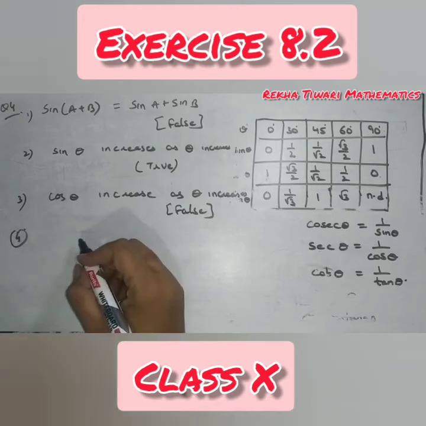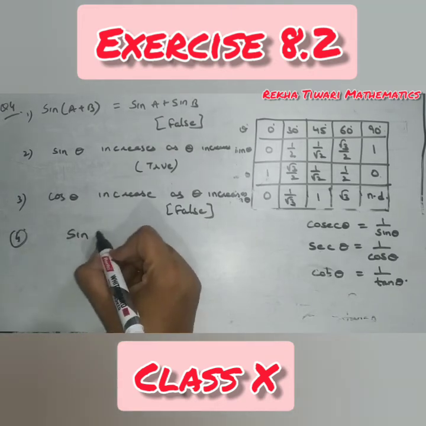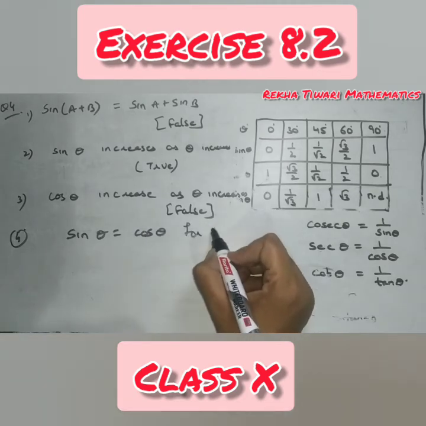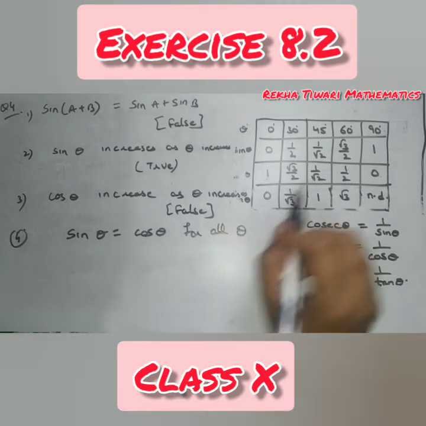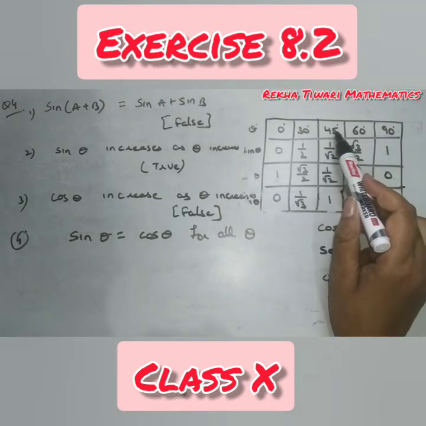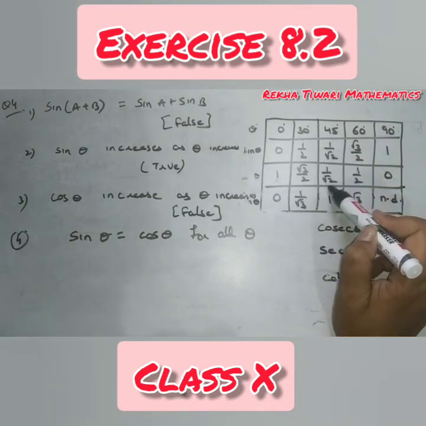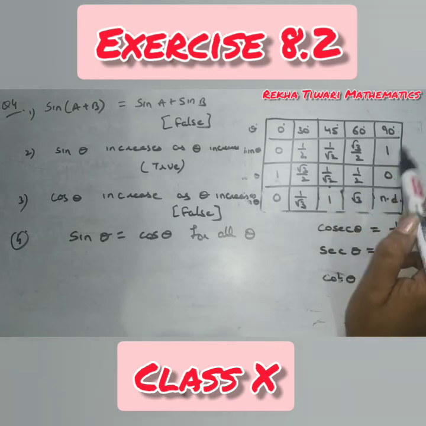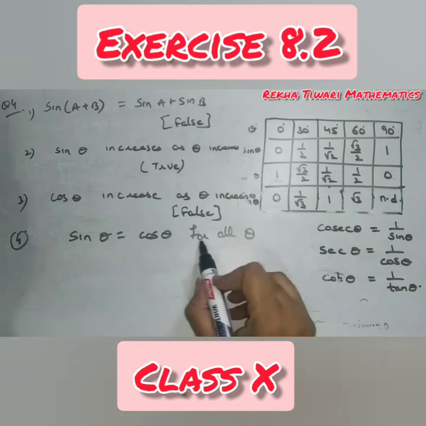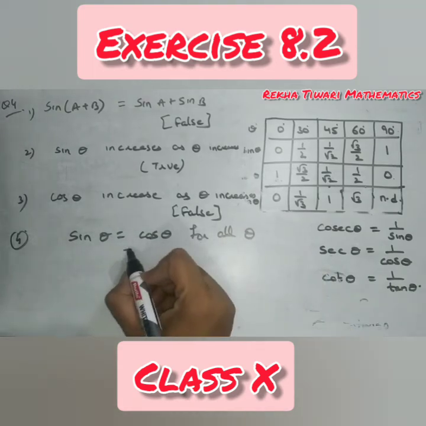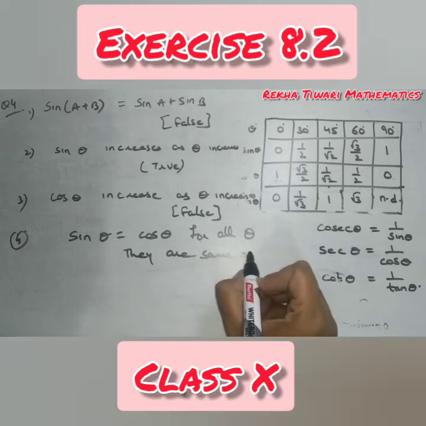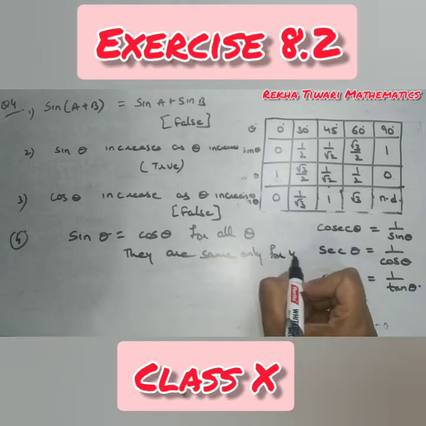Fourth, sin theta is equal to cos theta for all theta. No. If theta is 30, 40, 45, the values are the same? But for 60 it is different, for 90 it is different, for 0 also it is different. So for all theta they are not the same, they are the same only for 45 degree.